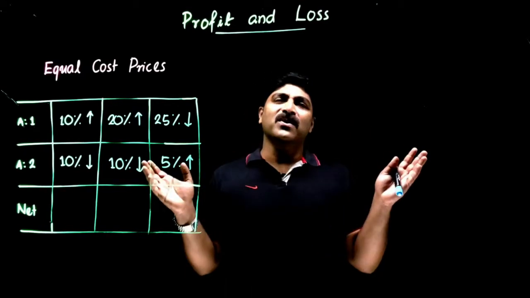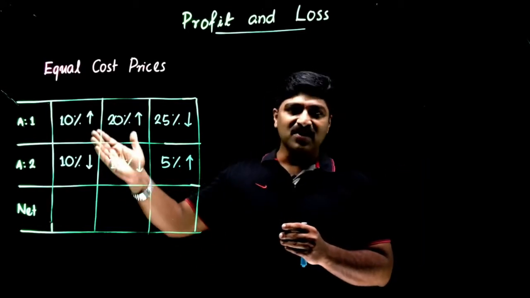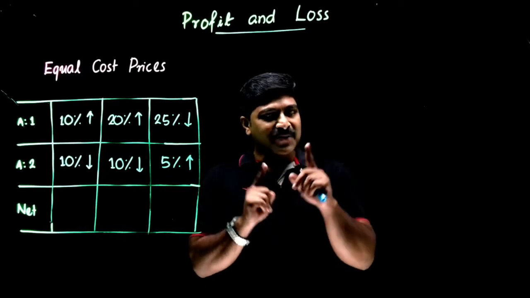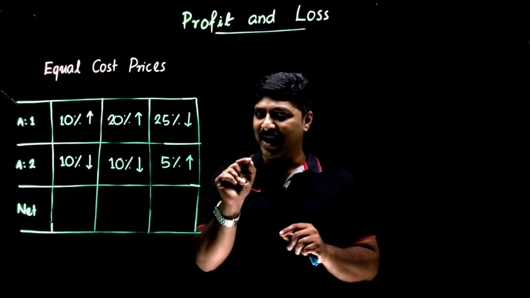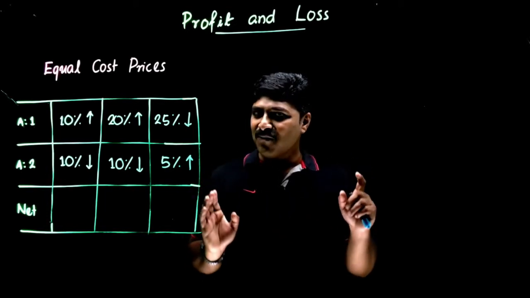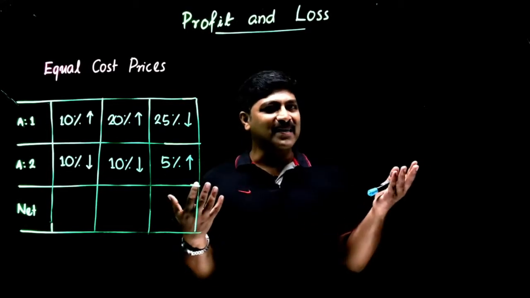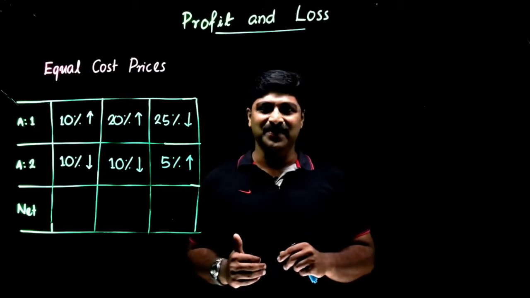You just use your common sense for finding a conclusion for our first example. Suppose you are selling two articles of equal cost prices. While selling the first article, you made a profit of 10%. And while selling the second article, you incurred a loss of another 10%.